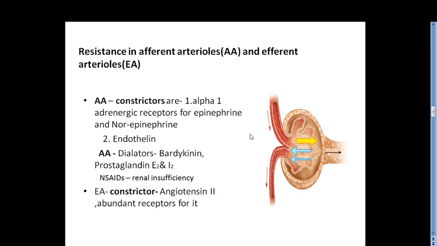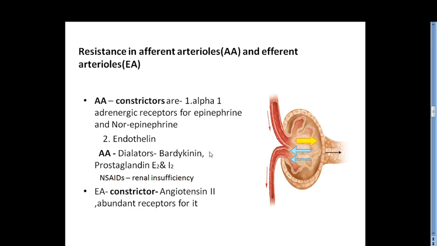That's why in case of sympathetic stimulation, the blood vessels get constricted all over the body, but in case of the kidney there is no effect on the GFR, because these vasodilator chemicals, prostaglandin E2 and I2, nullify the effect of epinephrine and norepinephrine. That's why the GFR remains almost the same. It is not going to decrease until and unless there is very strong sympathetic stimulation.